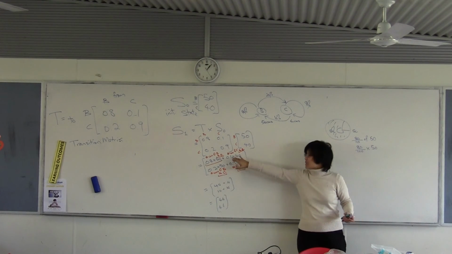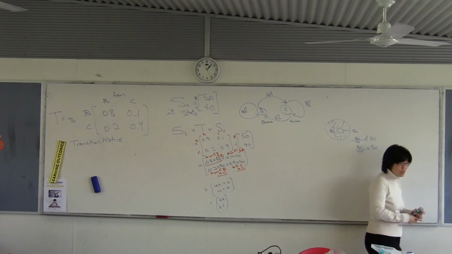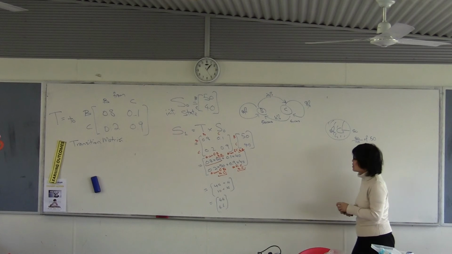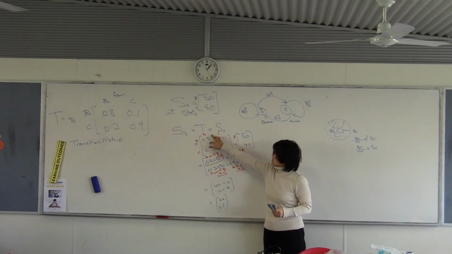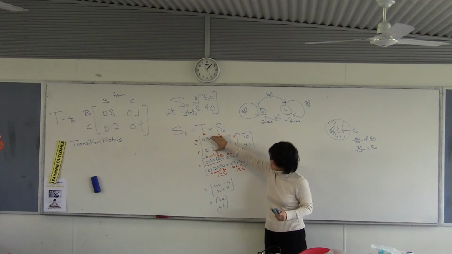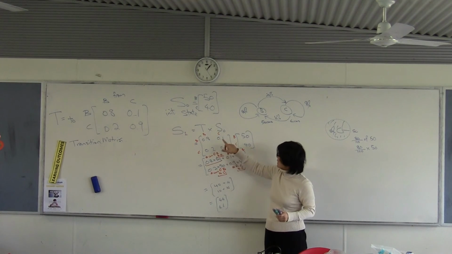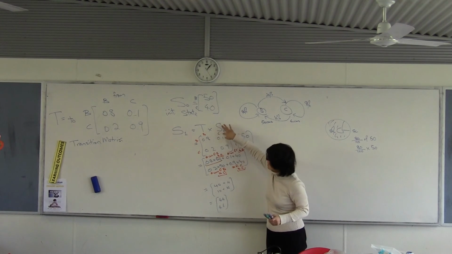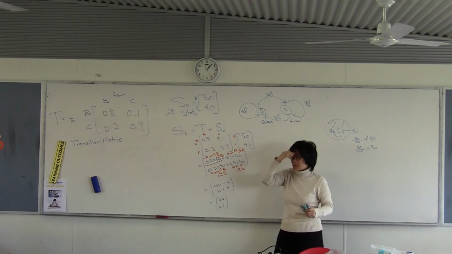The important thing is the thing in orange. You must understand where it comes from: from B, return to B; from B to C; from C to B, and C to C. Okay?